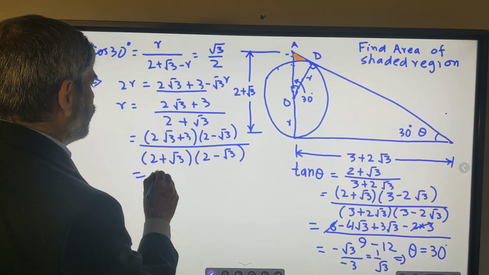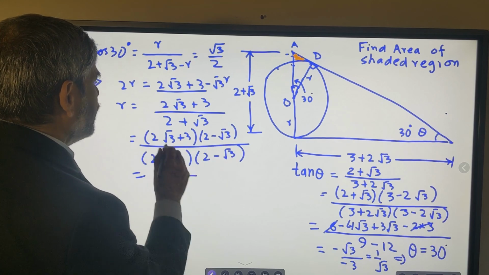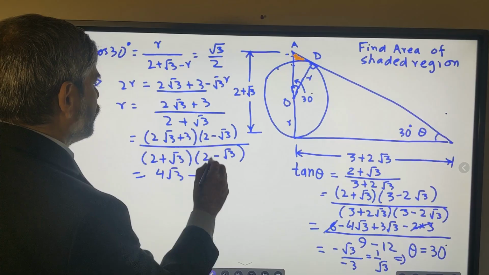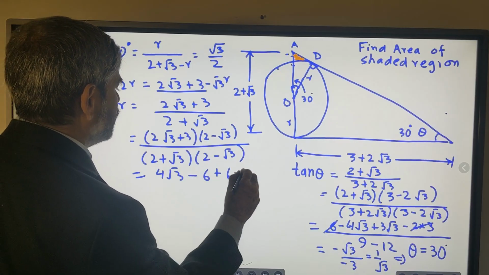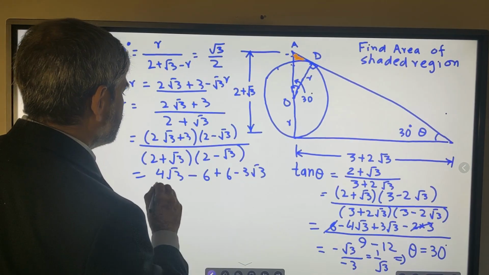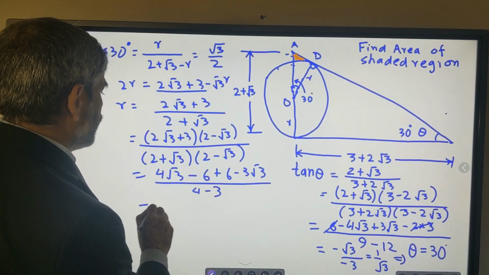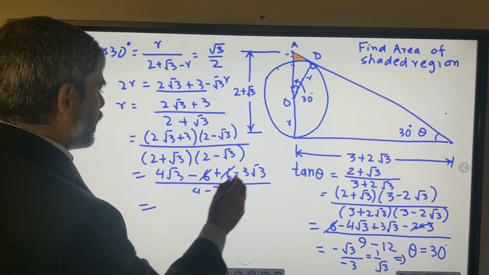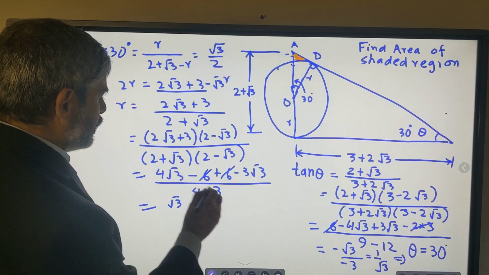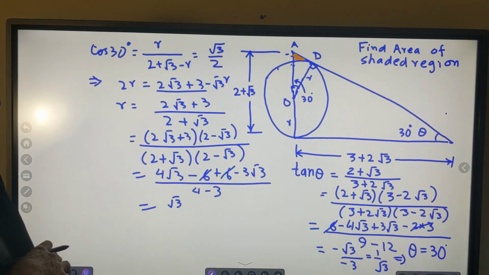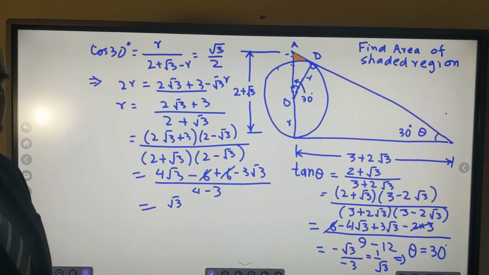This becomes 4 root 3 minus 2 into 3 is 6, 3 into 2 is plus 6, and then minus 3 root 3, and the denominator is nothing but 2 into 2 is 4 minus 3. The 6s cancel out, and this becomes 4 root 3 minus 3 root 3 is square root 3, and 4 minus 3 is 1. So r simplifies to a very nice looking root 3.